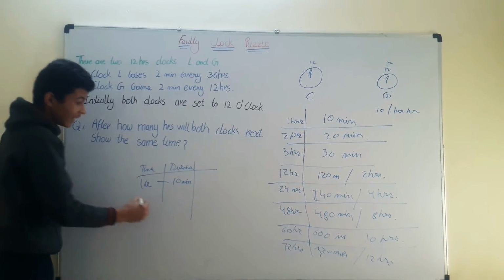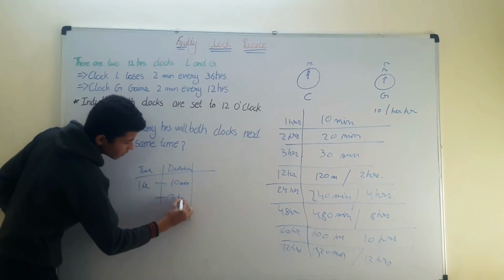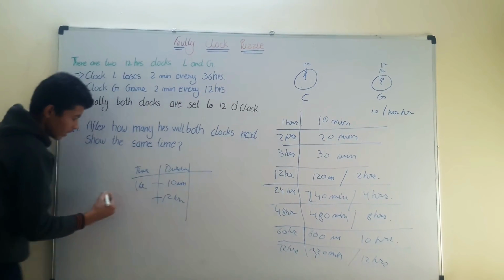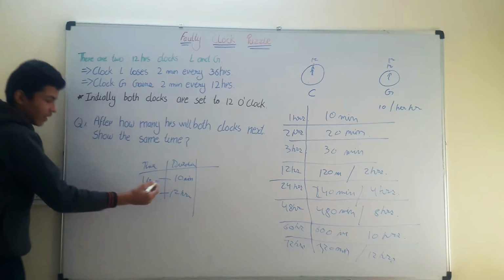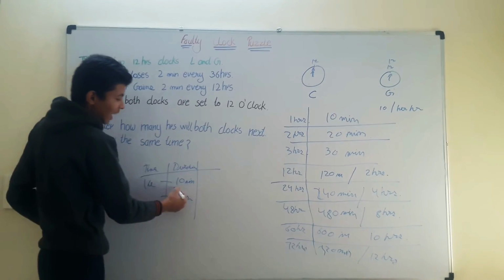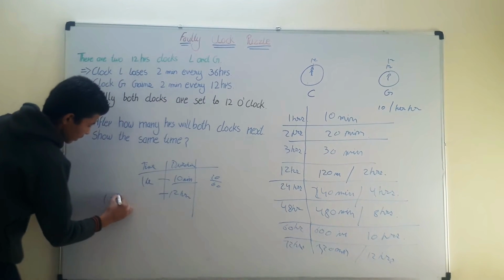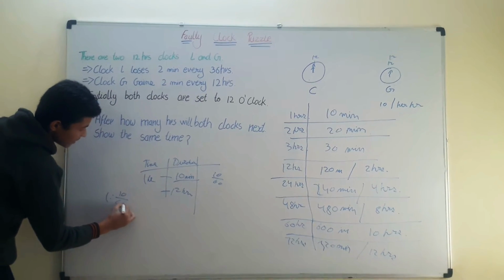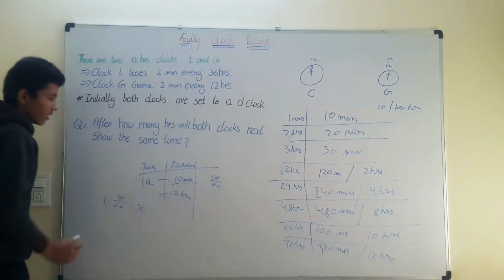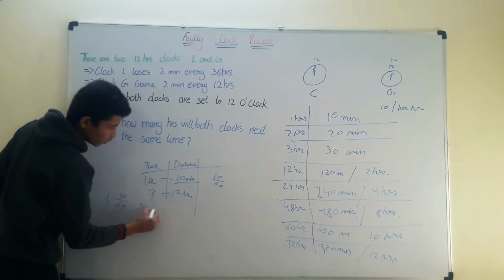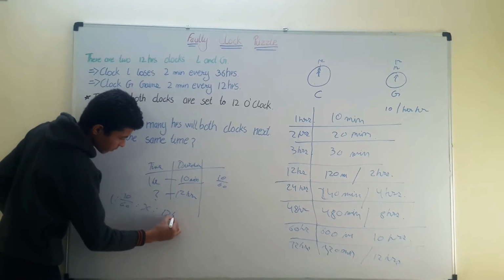We want the time duration of 12 hours. So these are in direct ratio: we have to convert the 10 minutes into hours, that would be 10 divided by 60. In the same way, let's keep this value as x, and its duration would be 12 hours.